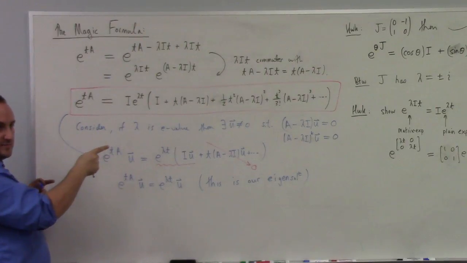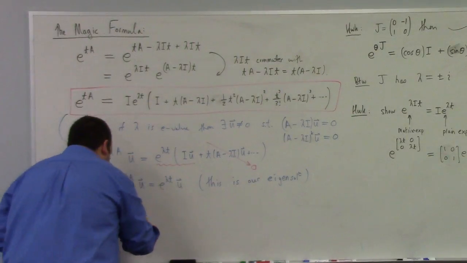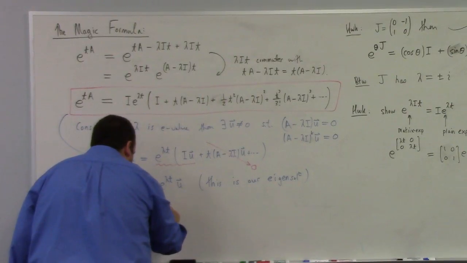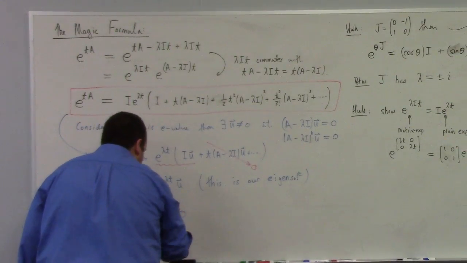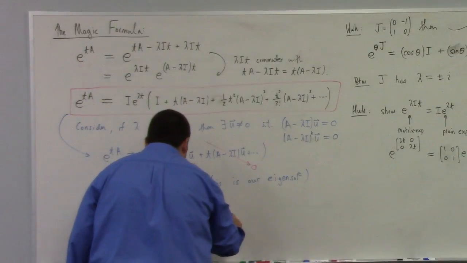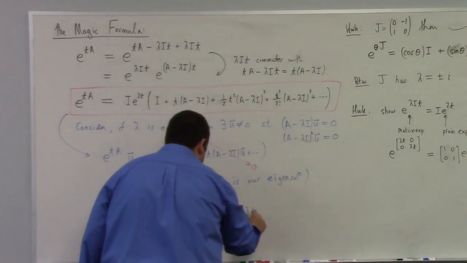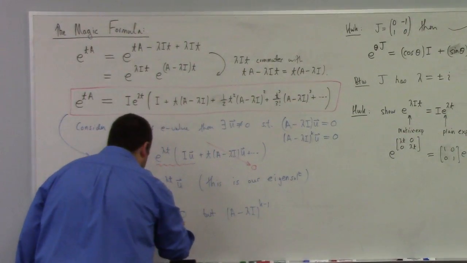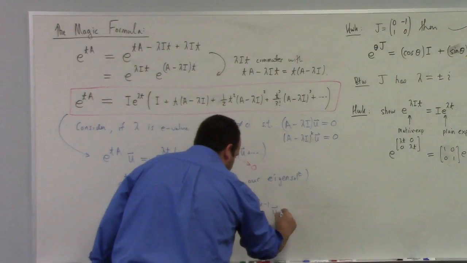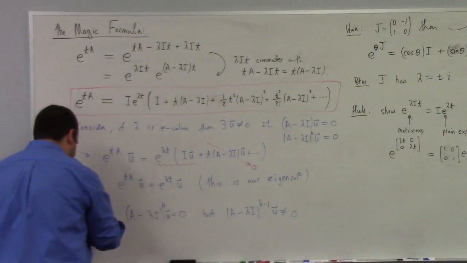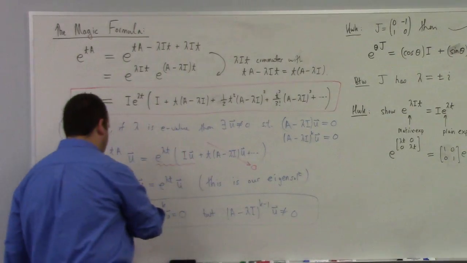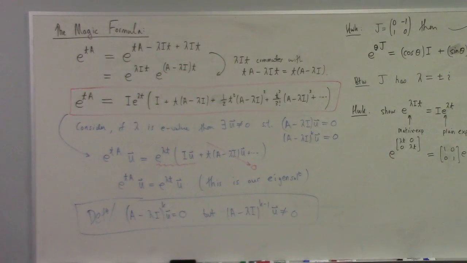What if we could find a vector so that (A minus lambda I) to the power k times u was equal to 0, but (A minus lambda I) to the k minus 1 times u is not equal to 0? Such a thing is a vector which the kth power of A minus lambda I sends to 0, but the k minus 1 doesn't.